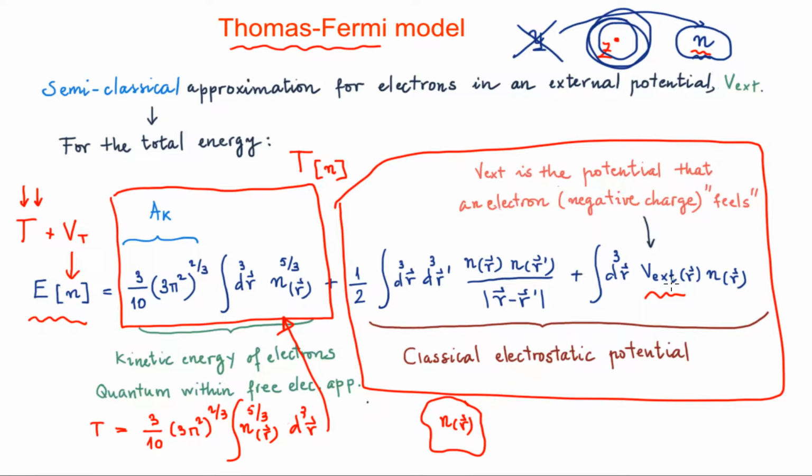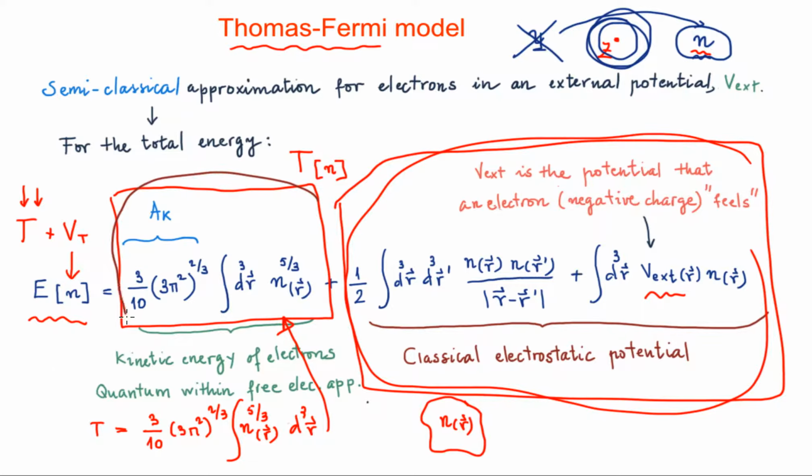As you can see here, this is just a classical expression for the electrostatic potential. So you are combining a classical result with another result here, which is a quantum result, because in order to have that, we're considering that the electrons are plane waves, obeying the Pauli exclusion principle, so two electrons cannot be in the same state, so they are filling different states and reaching the Fermi state, and so on and so forth.